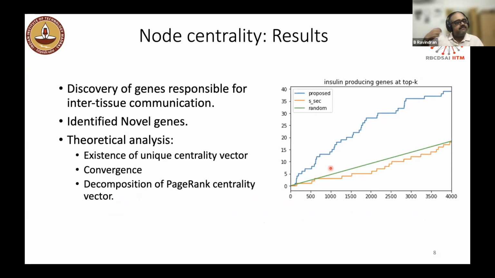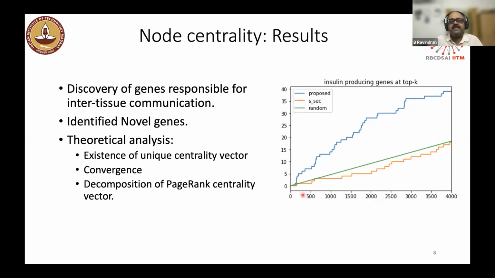So we had these different fine-grained notions of centrality that we defined, and the way to read this graph is, the x-axis is the ranking of the genes produced by our target centrality method, and the y-axis is the recall. So how many of the actual insulin producing genes have we already identified?